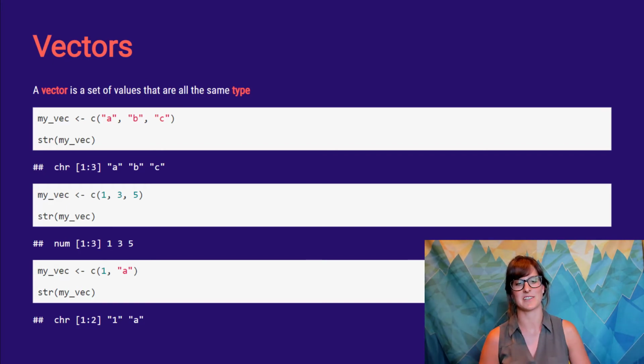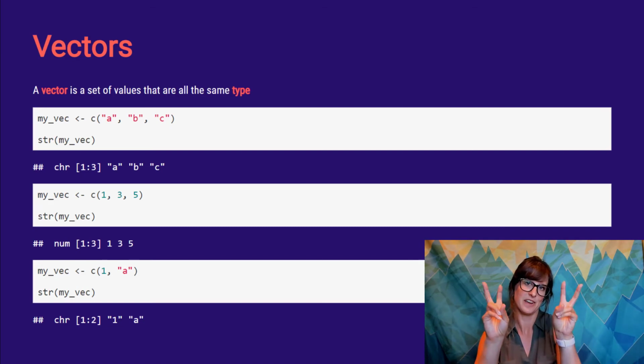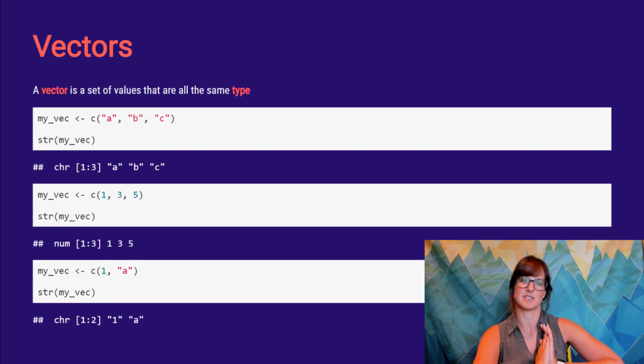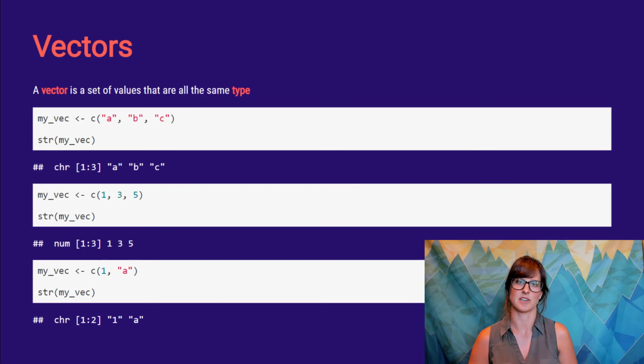So here I've tried to make a vector with the number 1 and the letter A. And now R is very helpful. Instead of saying, I can't do it, it often tries to do its best. So what you can see it's done here is it's decided, well, I know how to convert the number 1 to a string, it's just the character 1. But I don't know how to convert A to a number. So I'm just going to pretend that you intended for this whole vector to be strings, and now I have a character vector.